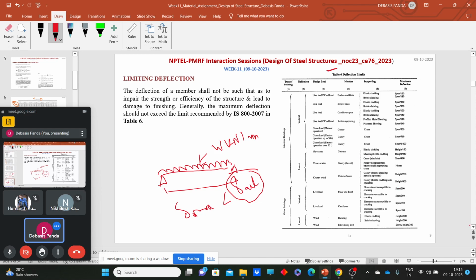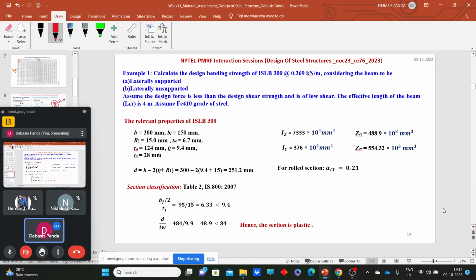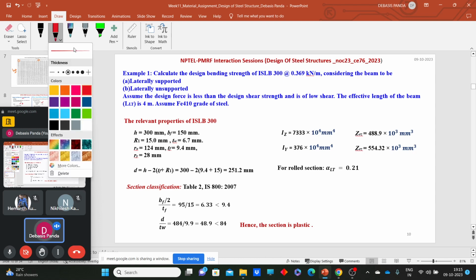Okay, now let's quickly solve one example so that these concepts will get clear. In the first example, I have considered a laterally supported and unsupported beam both, so that we recapitulate these things.